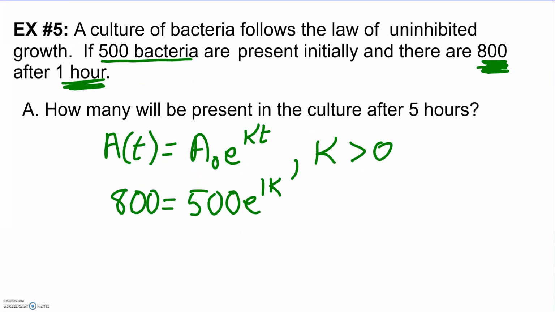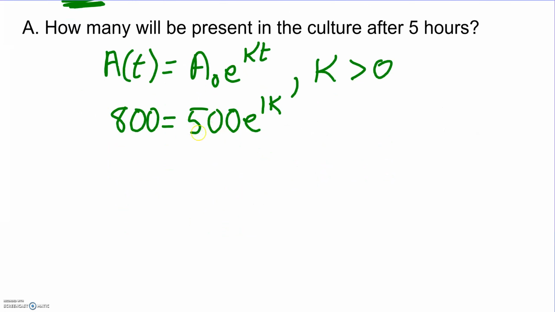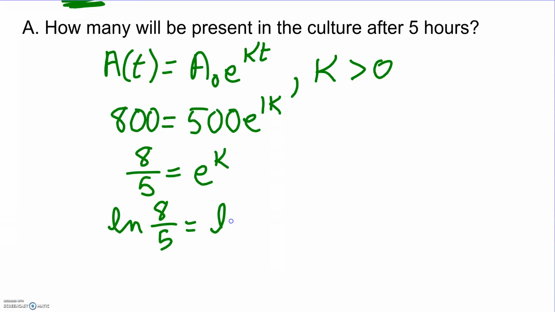So just like we have been on all of these, divide both sides by the initial amount. So 800 divided by 500 would be just 8/5 equals e to the k power. Take the natural log of both sides. You can take this exponent and move it down to the front.